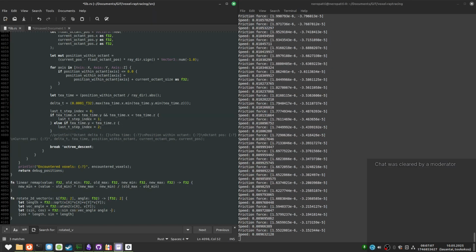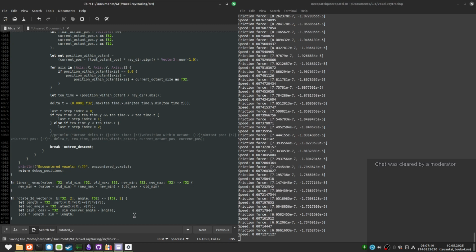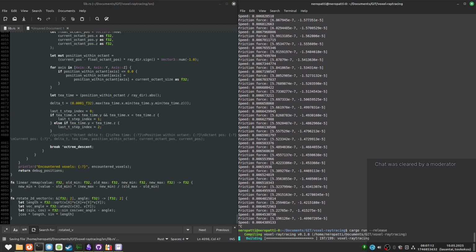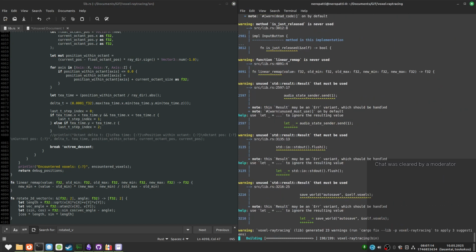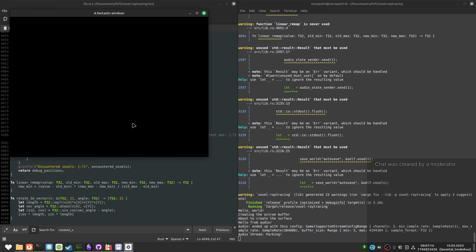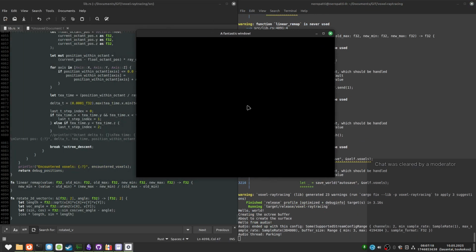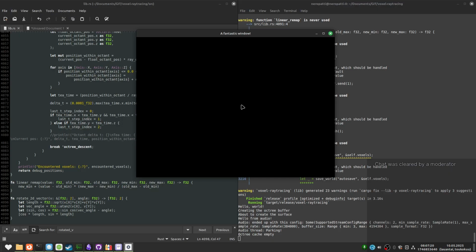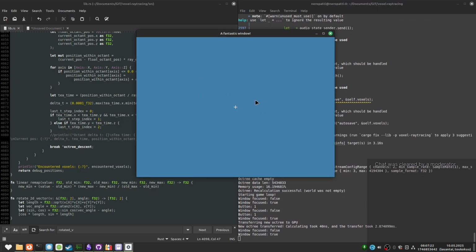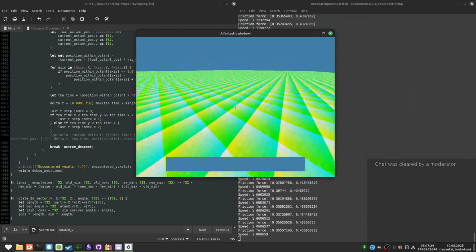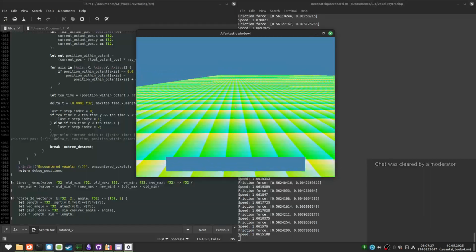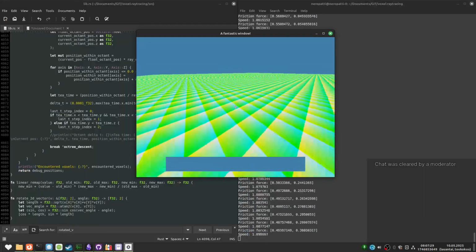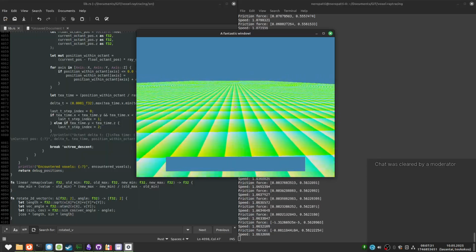I'm gonna do this. I should make a world with a smaller plane. This is like 5k by 5k. It takes a while to load. Oh shit, look at that. Now it kind of just works.